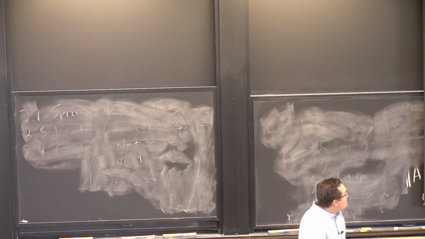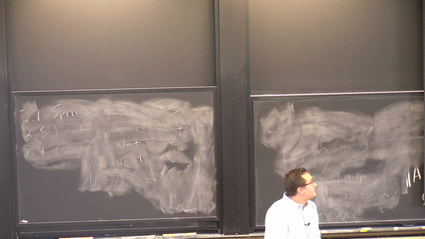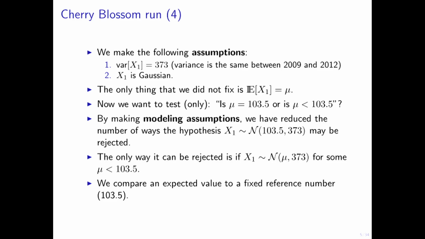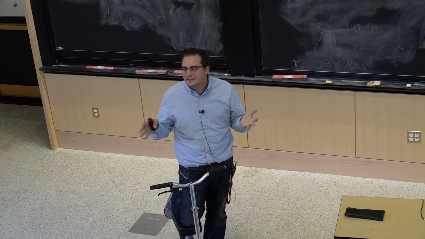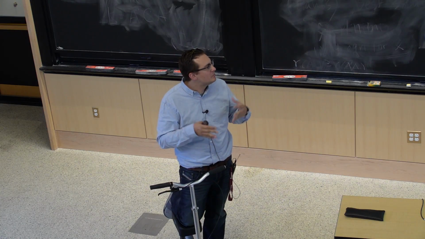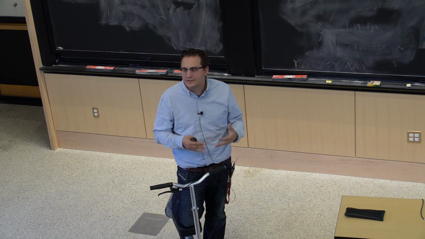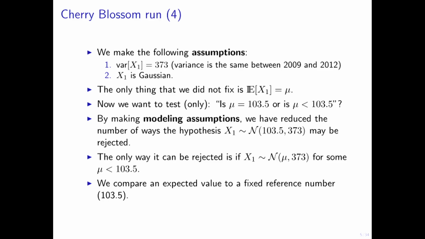So by making all these modeling assumptions, the fact that the variance isn't changed, the fact that it's still Gaussian, I've actually reduced the number of, and I put numbers in quotes because this is still an infinite number of them, but I'm limiting the number of ways the hypothesis can be violated.